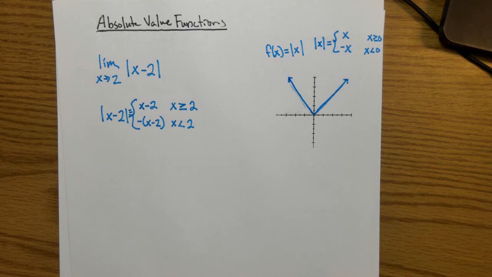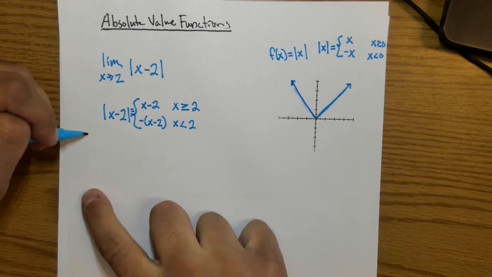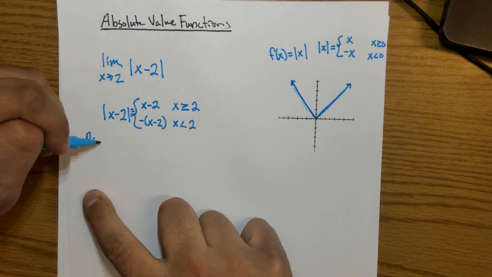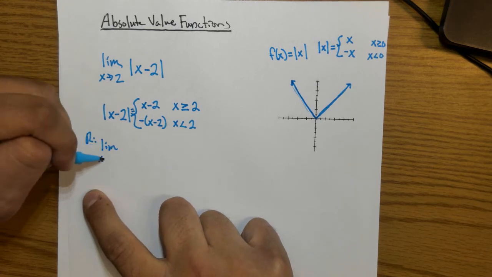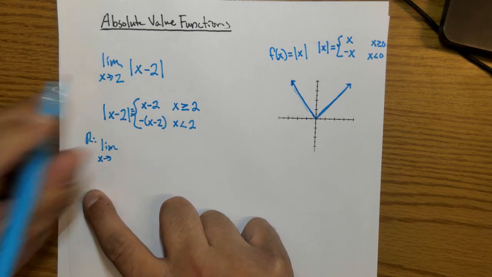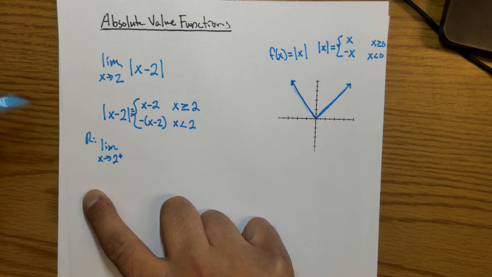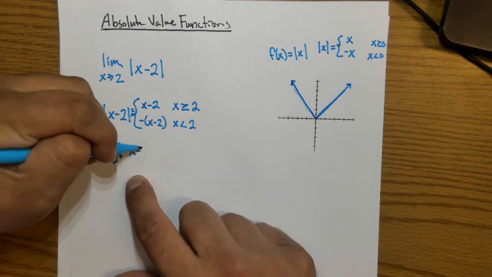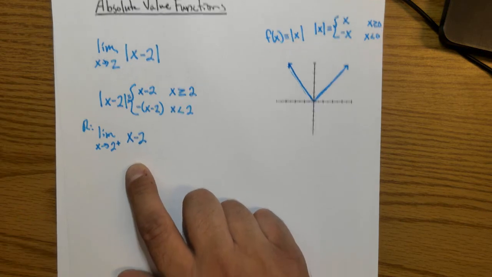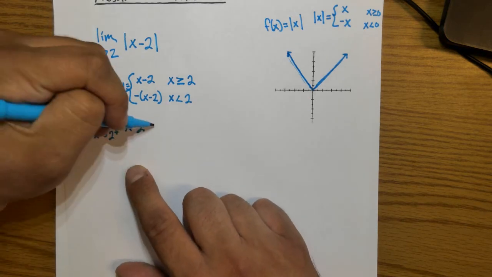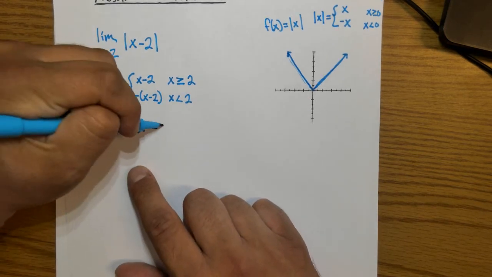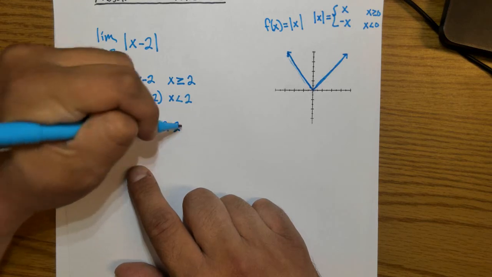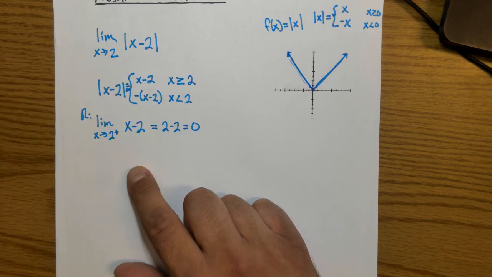So let's see here. Starting with the right side, the limit as x approaches 2 from the right, we're going to use the function x minus 2, and again, we can just plug it in, so it's not that bad. Plug in 2 minus 2, we get 0. Awesome.